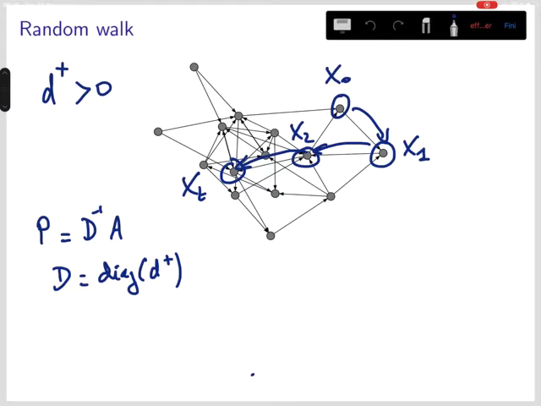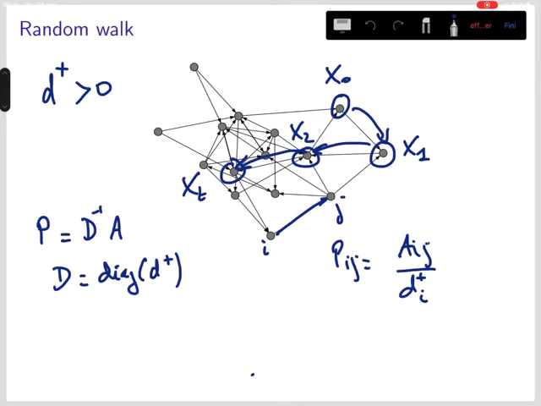So Pij is simply the probability of moving from i to j. So Pij is just Aij: you need an edge from i to j, and you select this edge uniformly at random among the outgoing edges from i.